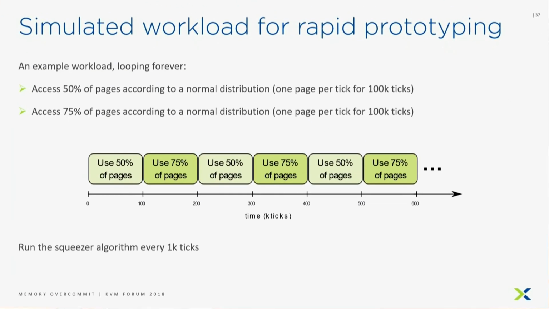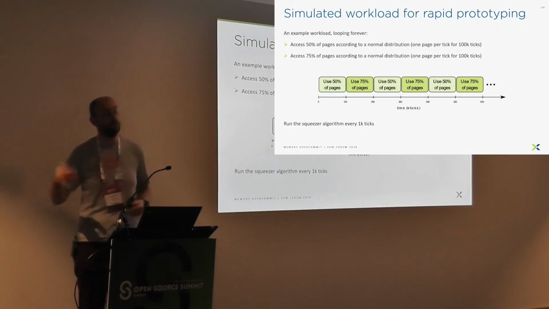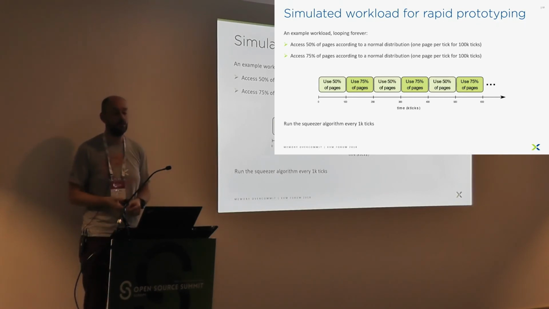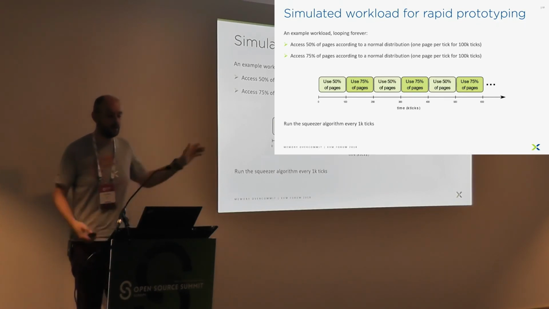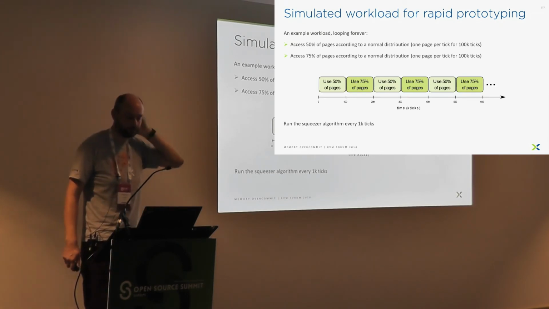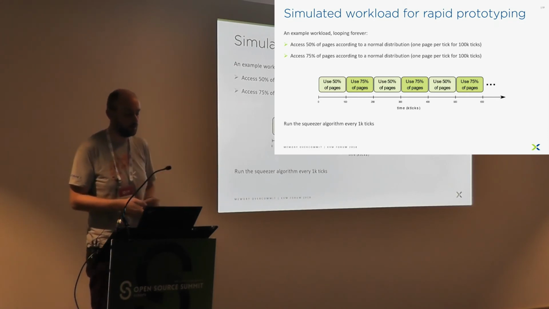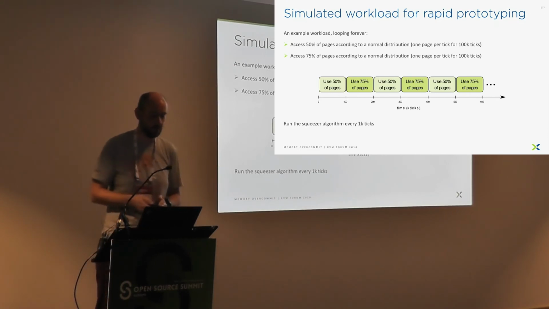So I've got a few examples that I want to show you of squeezer algorithms that we were prototyping to try and understand their behavior. So I've chosen a particular workload here that I'm going to be using in my next few examples. This is just one example. You can come up with any number of examples of workload, but for illustrative purposes, this is the one I'm going to be using.